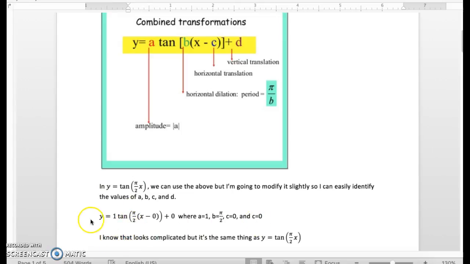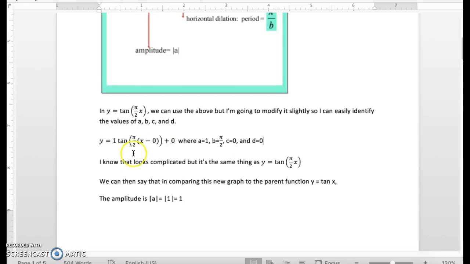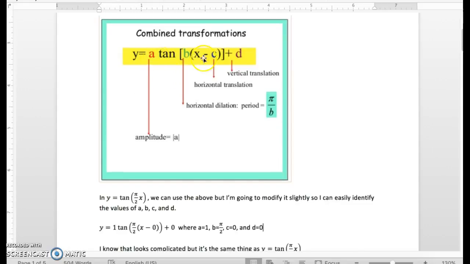I know it looks a lot more complicated. Oops, I need to change that to d right there. It looks more complicated. However, it is the same thing as pi over 2x, but if I relate it to this, I have a equals 1, and then pi over 2 is where the b is, and then c equals 0, and d equals 0.